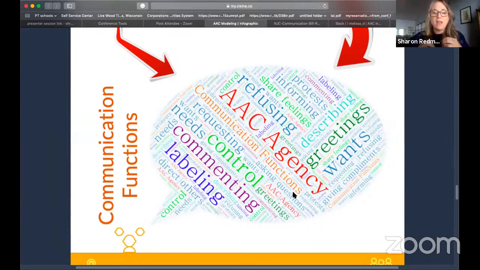So we have individuals that have dependencies, and so how can they control their dependencies? How can they be independent in that nature? So making sure they have ability to control, that they can comment, that they can label, that they can do requesting, or they describe or protest, that kids can protest.